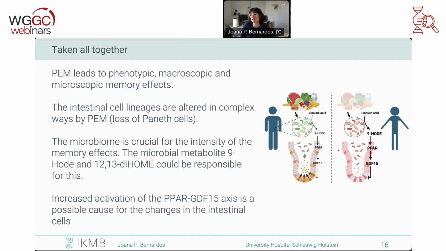But there was a hint for the PPAR as a feature, which is crucial in our mechanism, but it did not give me the complete story. So this is a tale of not only looking at MOFA. MOFA can give us really nice tips, but then we need everybody together to think about the problem and try to identify the mechanism.